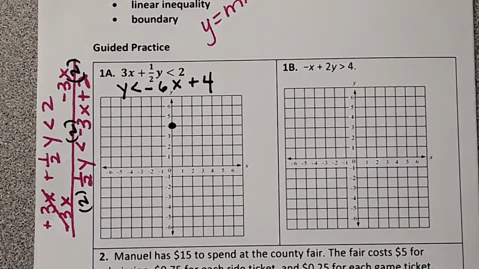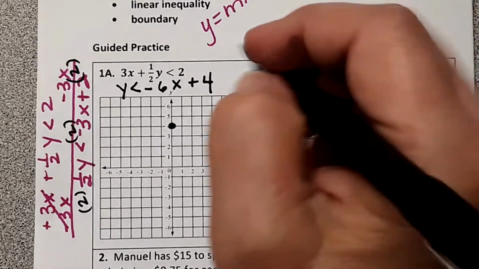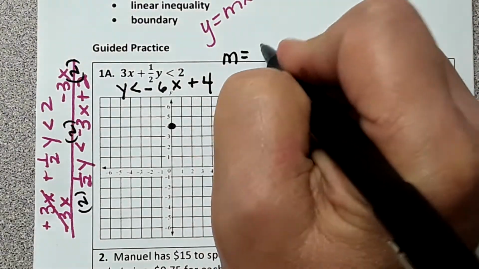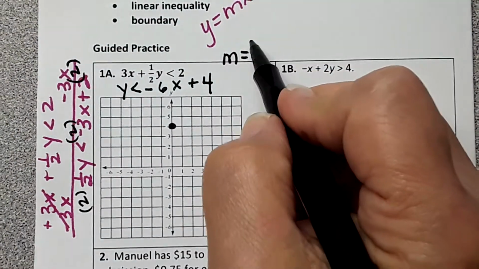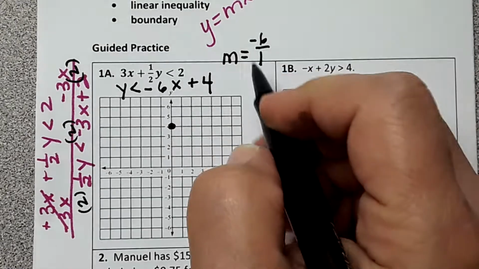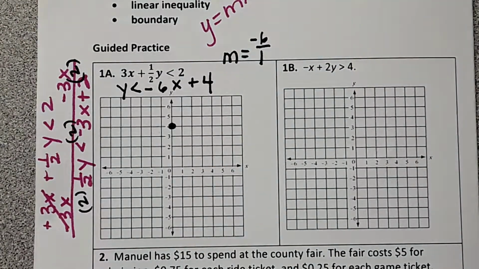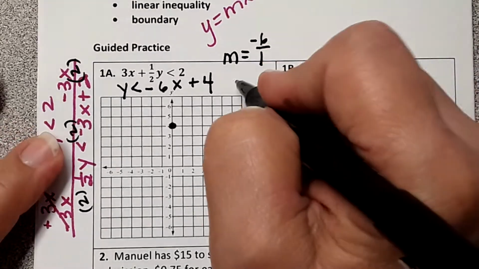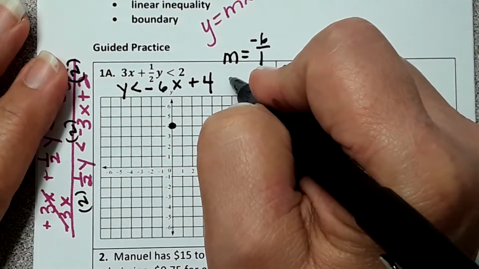And what's my slope? My slope is negative 6 over 1. Because I'm getting ready to graph a line, I want you to write your slope as a fraction. And then I have already graphed my y-intercept.